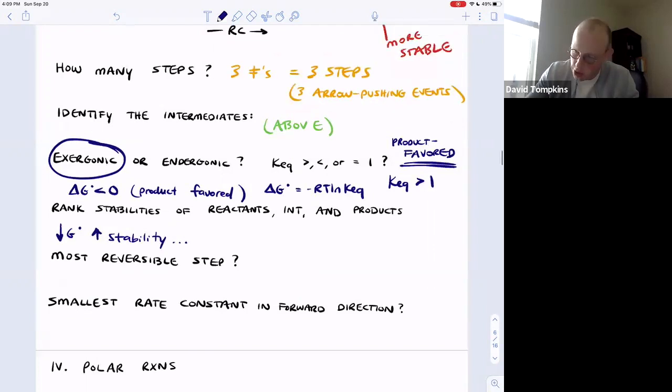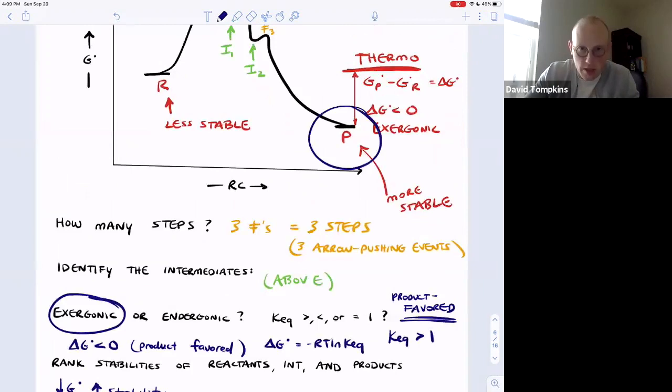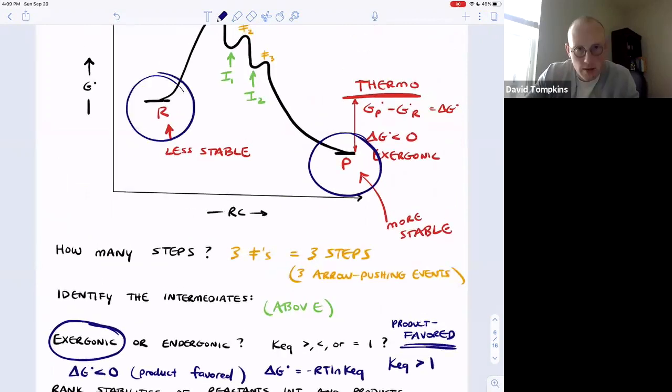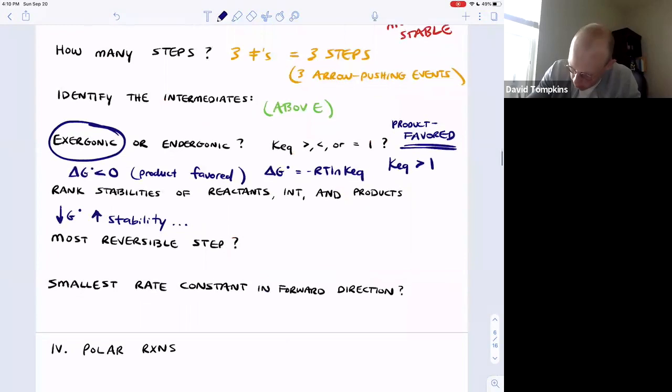So as shown above, the products are lowest in energy. The next lowest is the reactants. And then intermediate 2 is a little bit lower than intermediate 1.